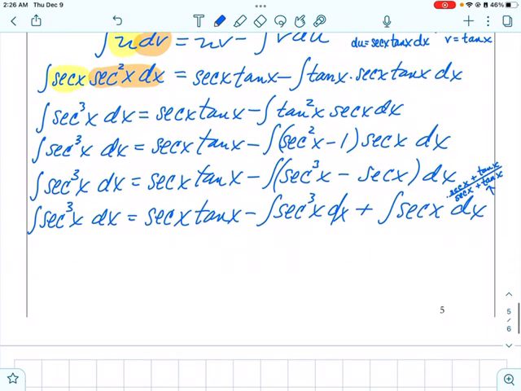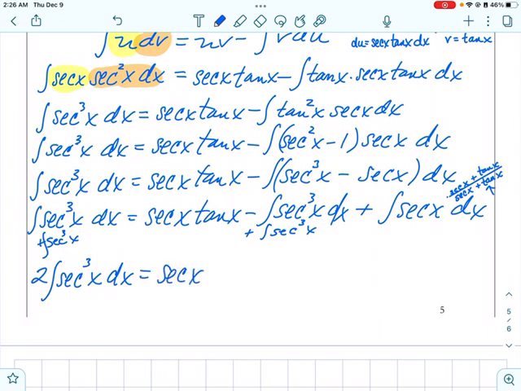We're going to add this one, secant cubed x, to both sides. So the left-hand side is going to be 2 times the integral of secant cubed x dx is equal to secant x tan x plus ln of the absolute value of secant x plus tan x plus c.